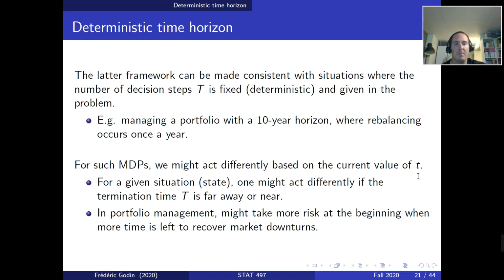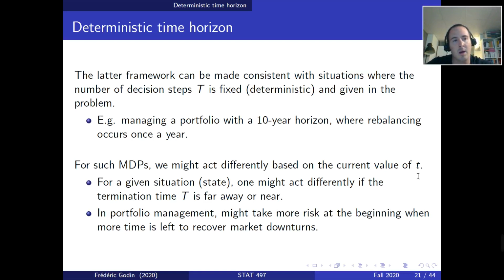You might be much more aggressive when you're young than when you're old. Because of that, in the case we just described, the optimal action might not depend only on the state you're in, but also on the current time step. So your problem becomes non-homogeneous, because you act differently at various time steps.